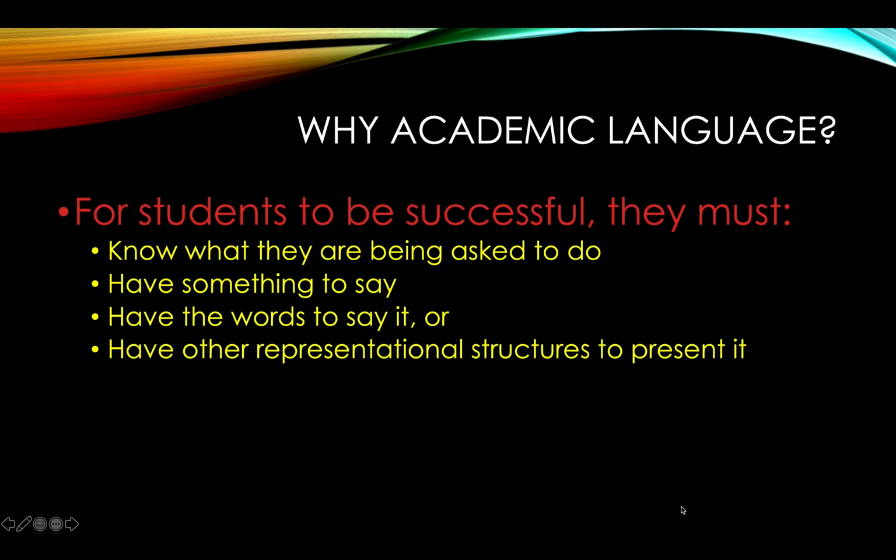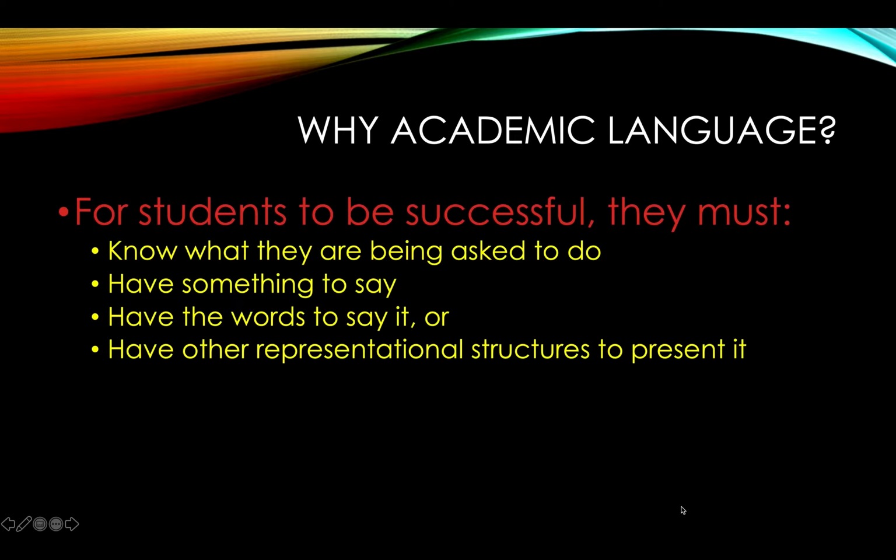So why do we need it? Why is it so important? Well, first of all, students need to know what they're being asked to do, but they need to be able to have something to say about your content. And if they don't have the words to say it, then they need some other representational structure to say it.